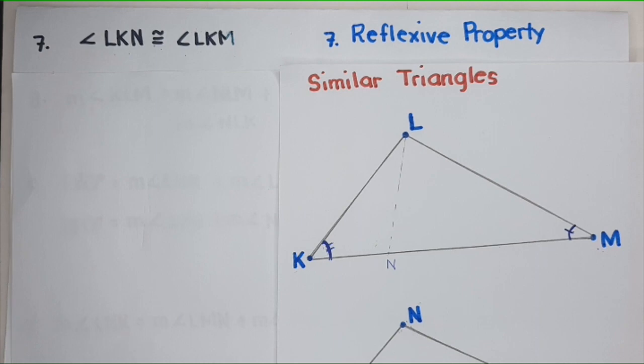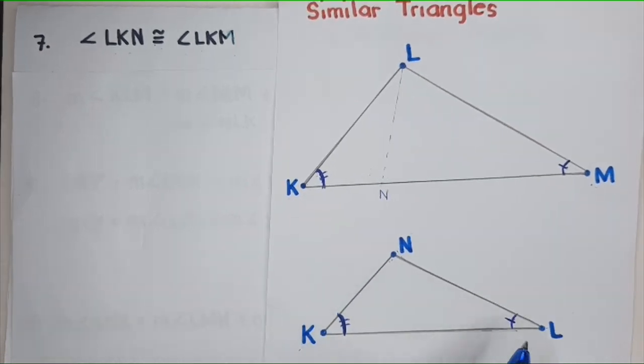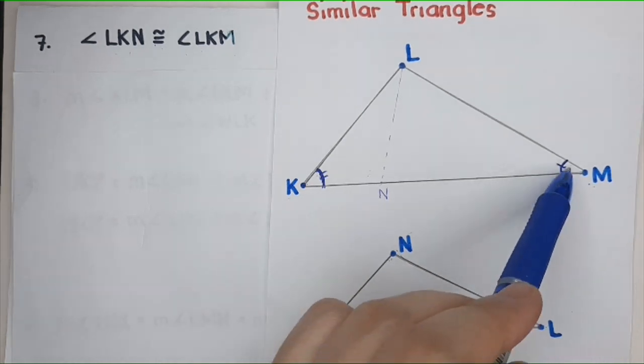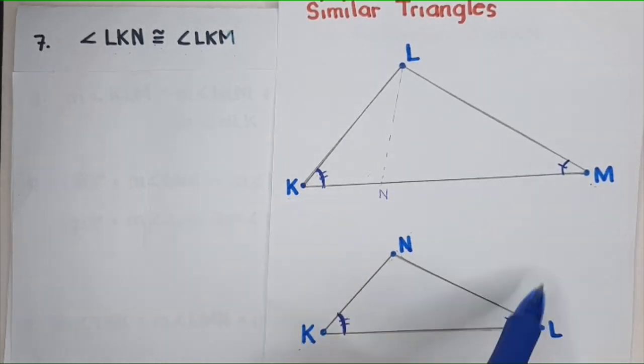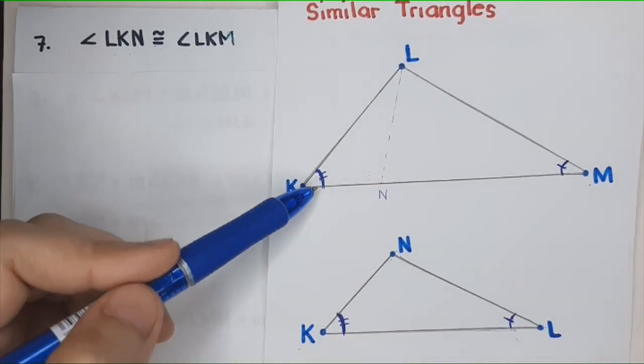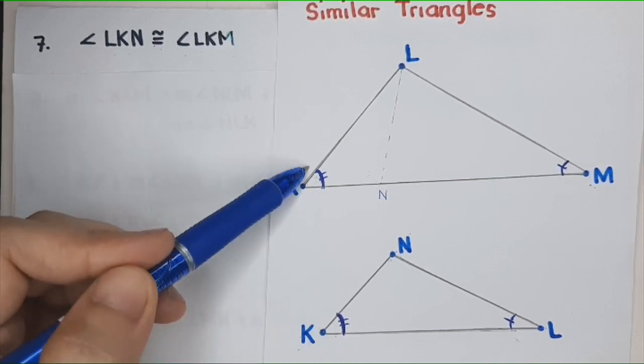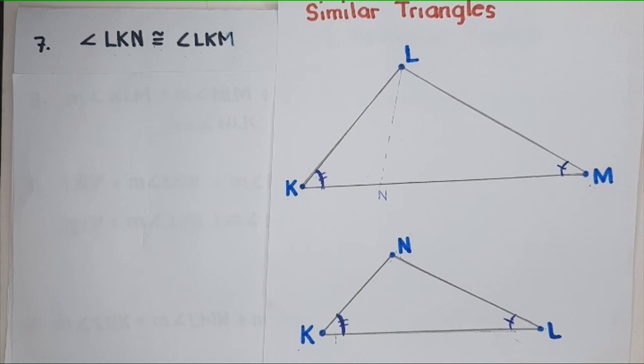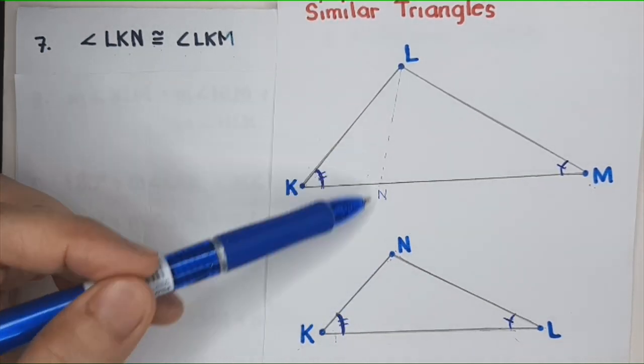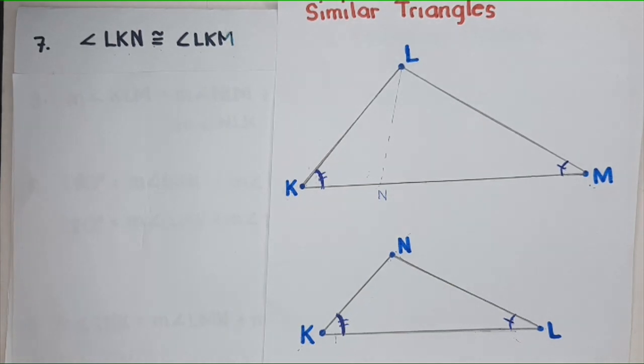So we have proved that these corresponding angles are congruent, and also these corresponding angles here are congruent. Actually, we can end there. We can conclude that these two triangles are similar.